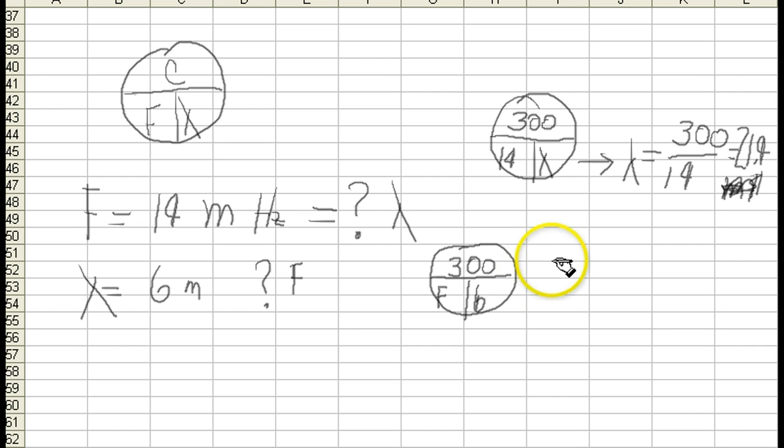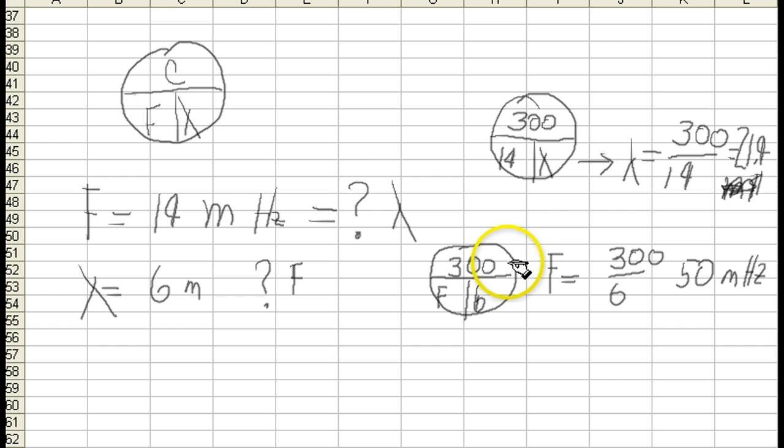So you say the frequency is equal to 300 over 6. And you get out your handy-dandy calculator, and you're allowed to take a calculator on the test. It is 50 megahertz. Isn't that easy? Isn't that simple?